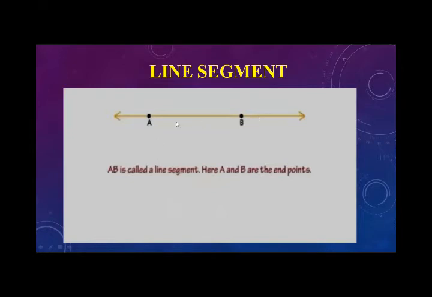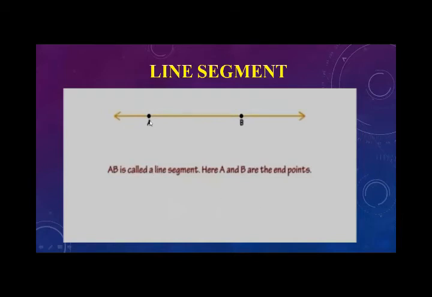Here, what are the endpoints of this line? A and B. So if you want to measure that line, you will put a scale here at A till B. So this is the measurement of A and B. Here A and B are the endpoints of this line. This is called a line segment.